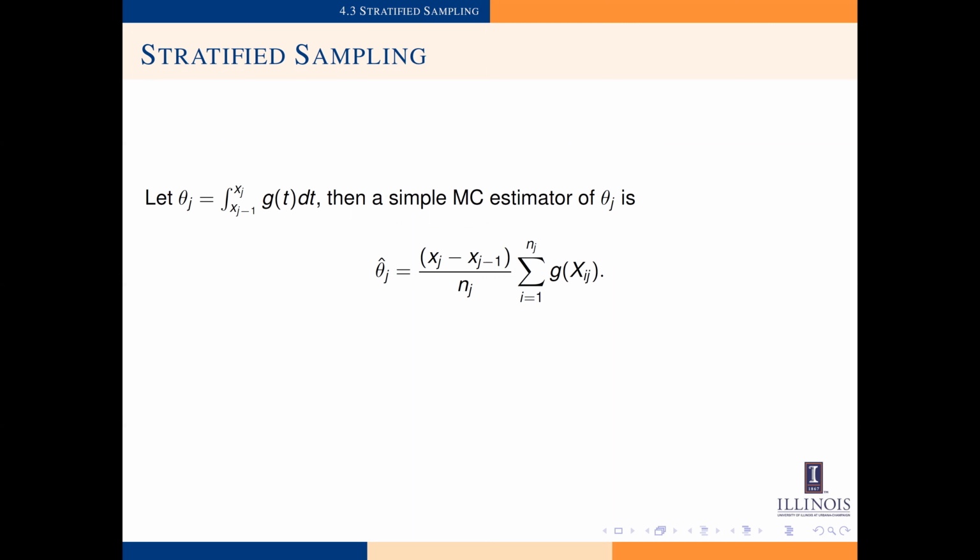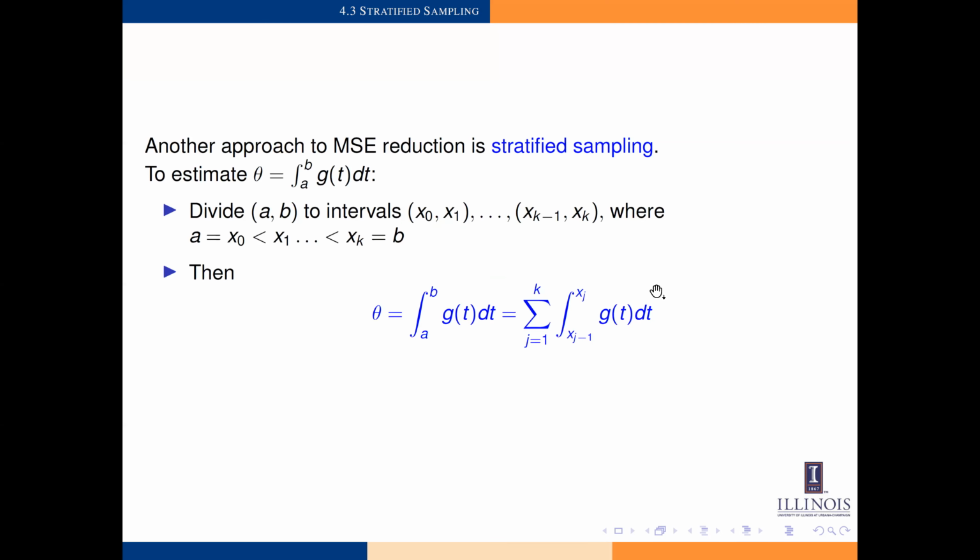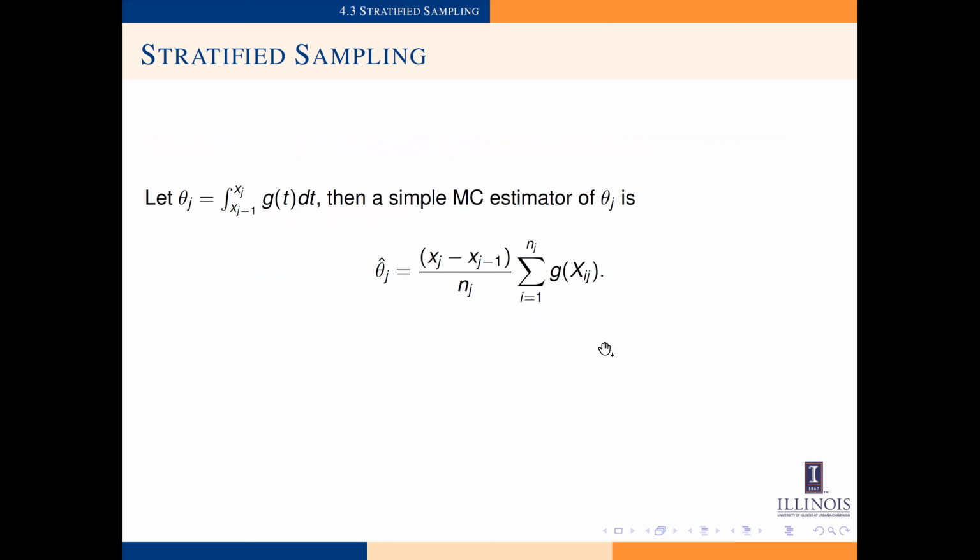Let's use theta_j to denote the integral from x_{j-1} to x_j of g(t) dt. So that's the jth integral over here. Then a simple Monte Carlo estimator for theta_j is theta_j hat, which is equal to the sample mean of the g(x_ij)'s times (x_j minus x_{j-1}).